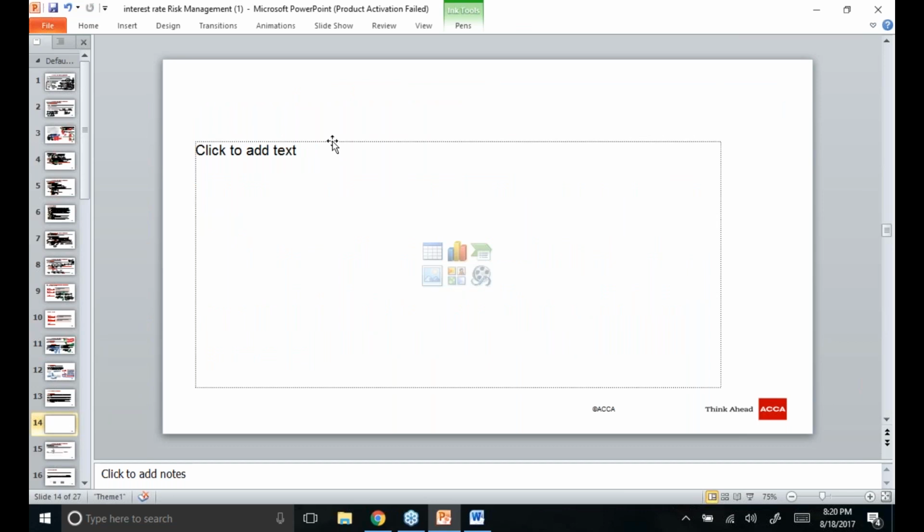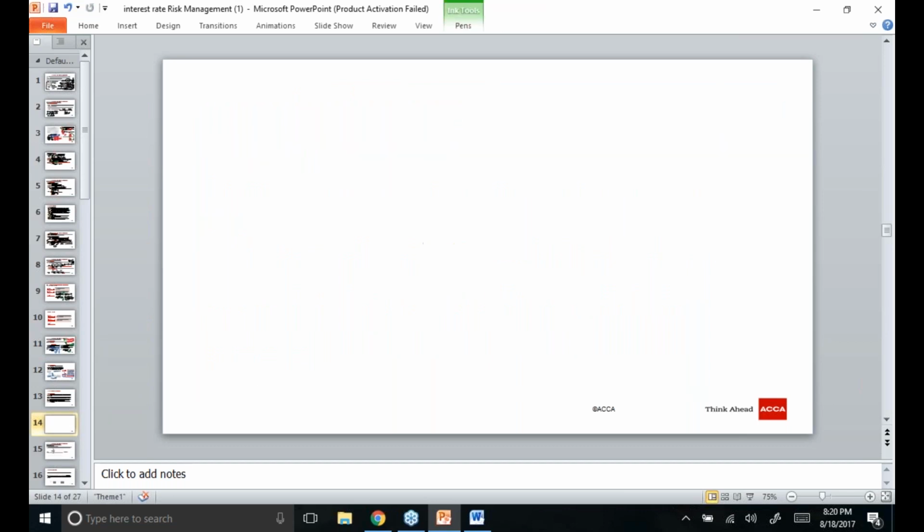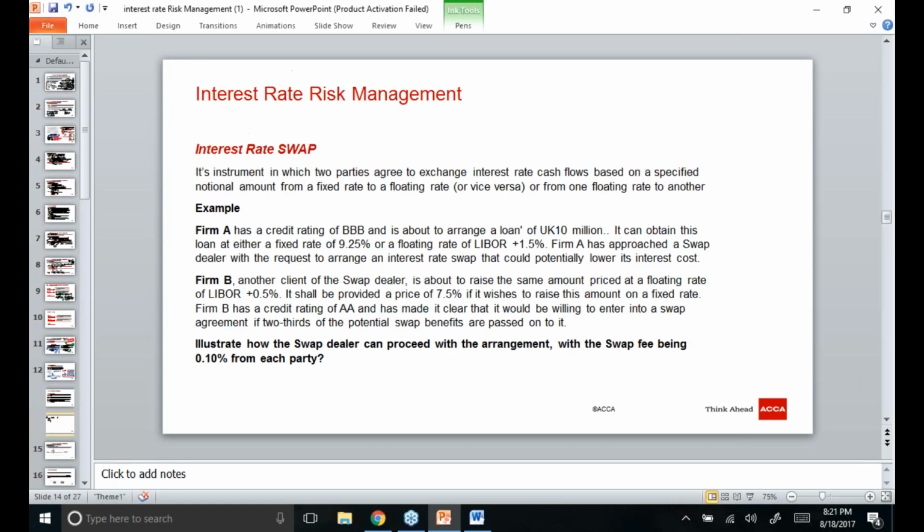Let's learn it. Okay, the first step will be to write the names of the two parties, Firm A and Firm B. Both can borrow at a fixed rate and both can borrow at a floating rate.